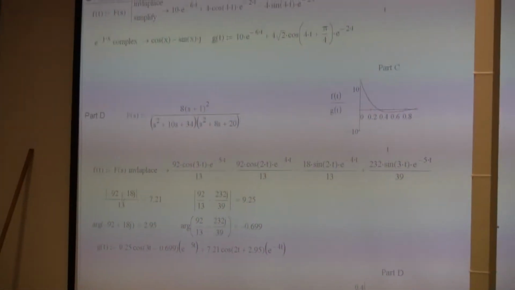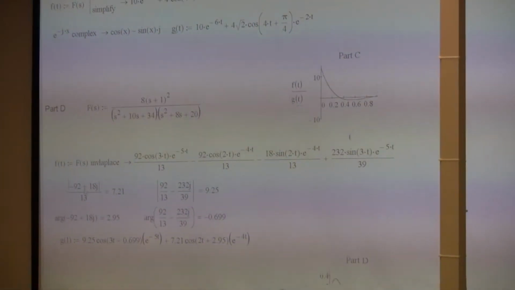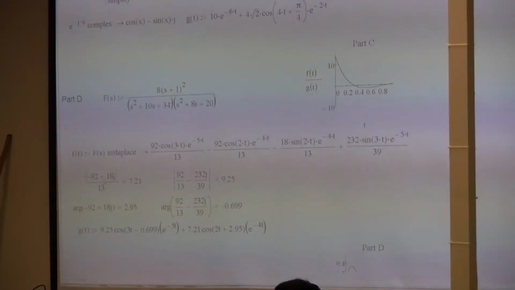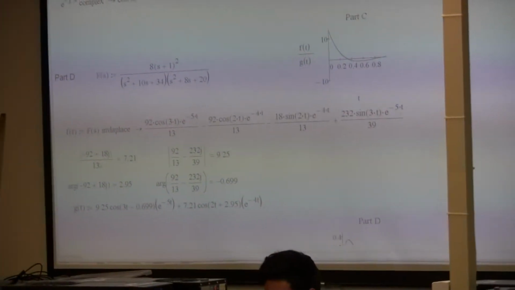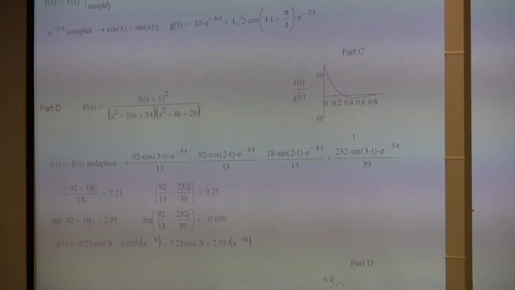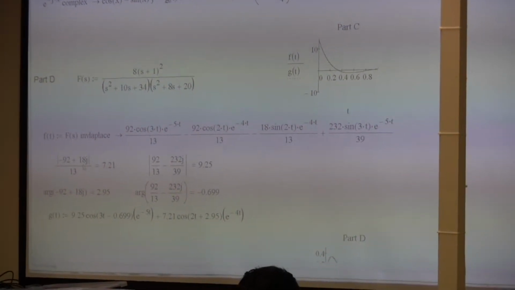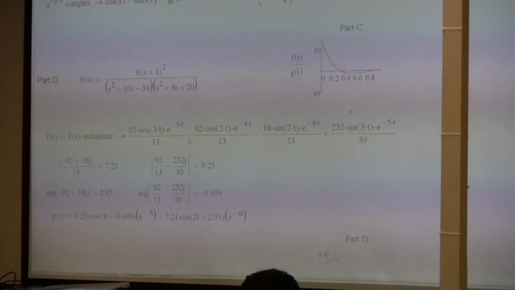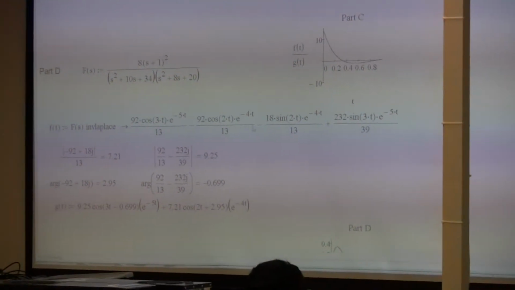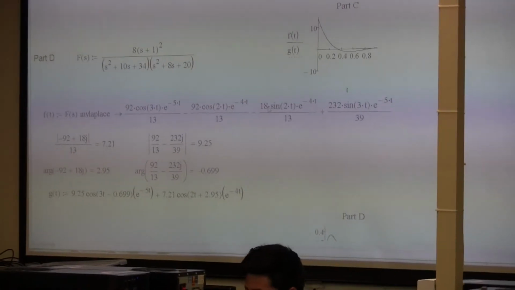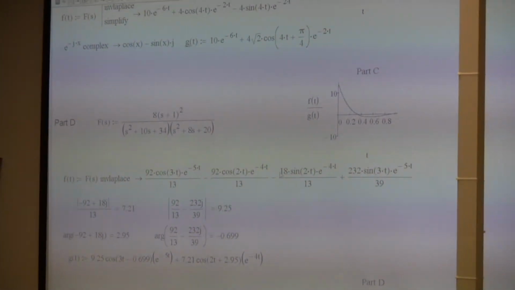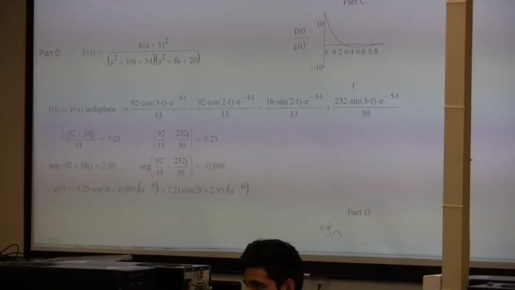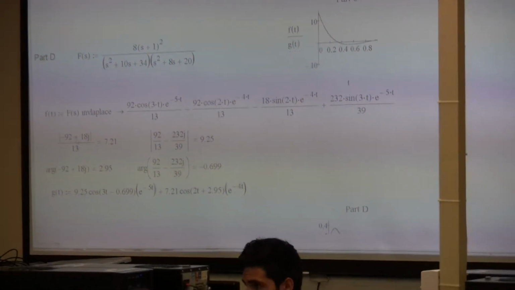So this is the middle group here, the 90 minus 92. I'm taking the minus 92 and minus 18, but we're multiplying minus 18 by negative j. So this becomes minus 92 plus 18j.